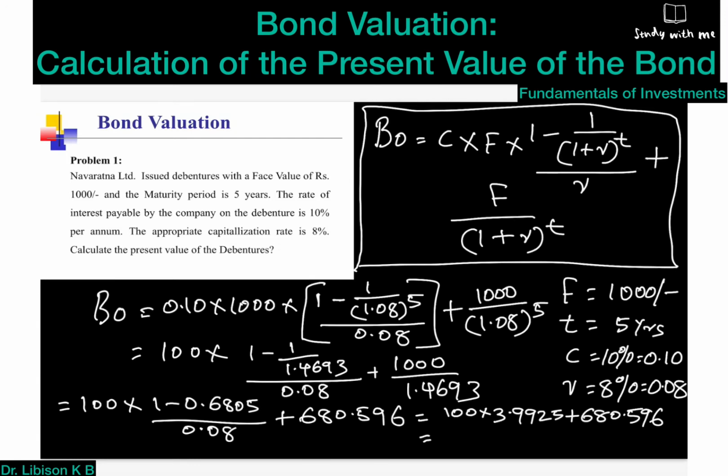So it is equal to 399.25 plus 680.596 is equal to 1079.84.